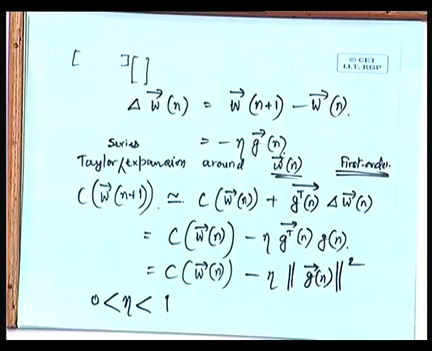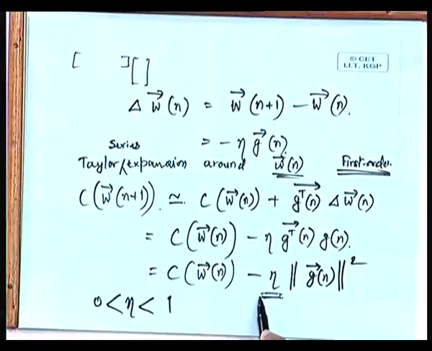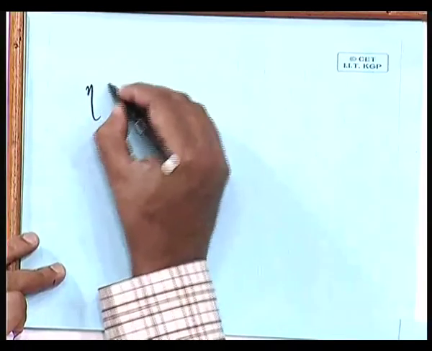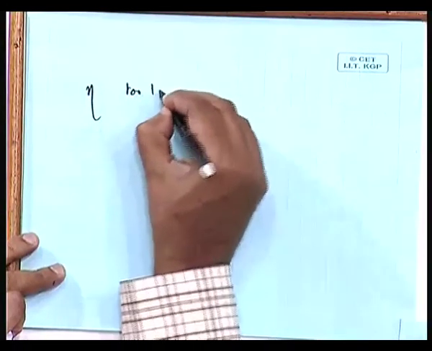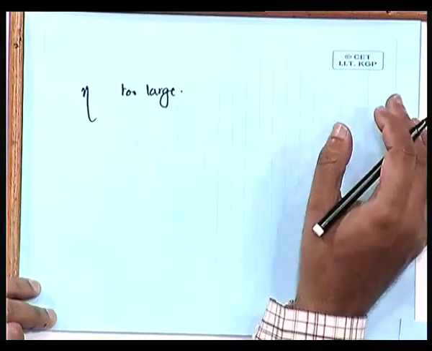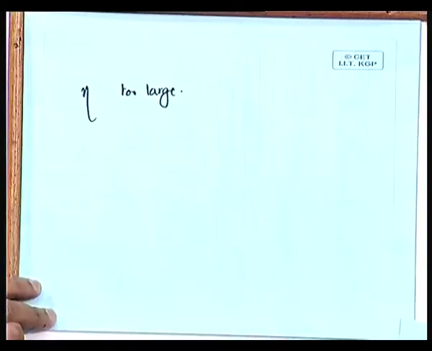But what about the magnitude part of the cost? There is one important parameter that plays a role in this, and this is eta. You make eta too large. Eta too large leads to what? It will cross the point of minima and travel further.